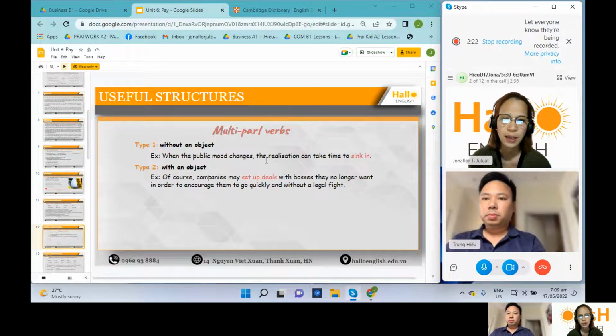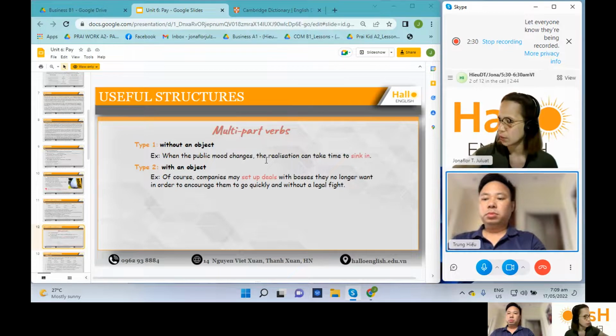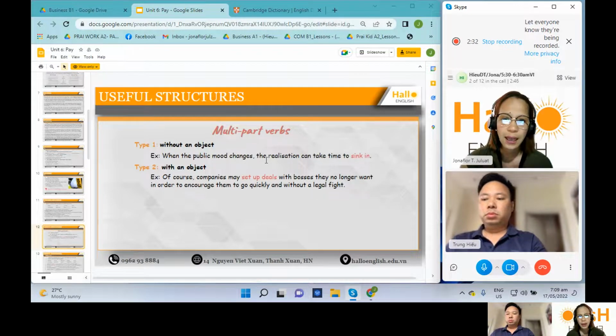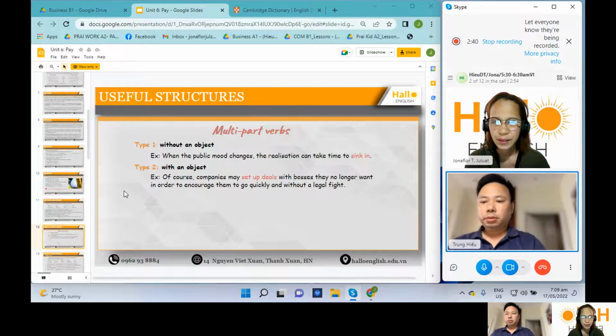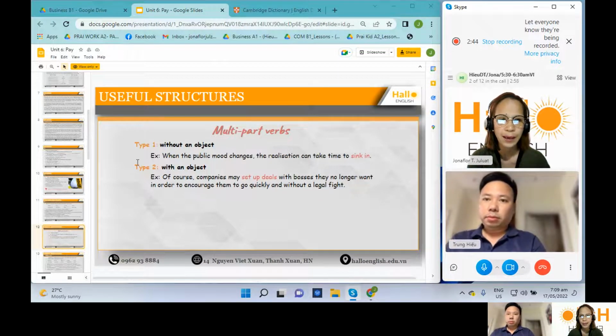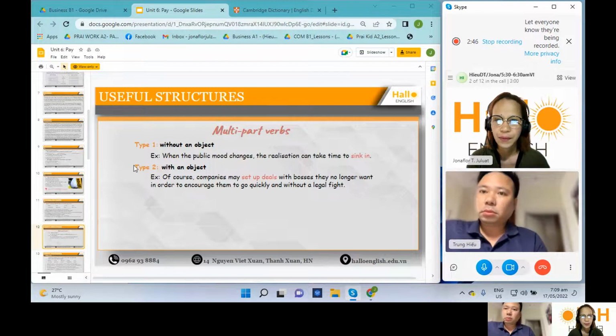So set up deals here is the verb with an object. Okay, so those are some examples of multi-part verbs.